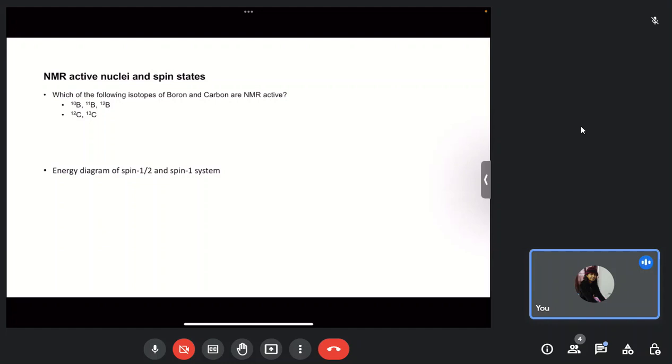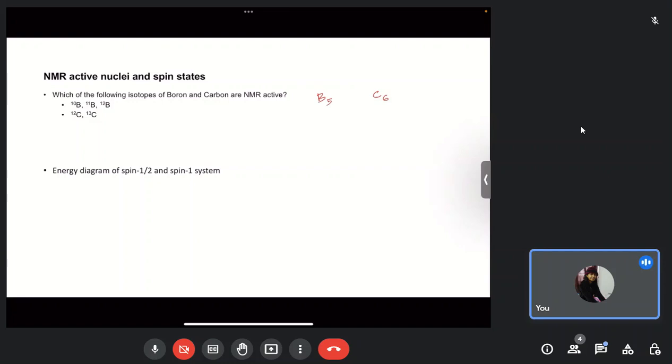In case of boron, the atomic number is 5. In case of carbon, the atomic number is 6, right? And we have to find which isotopes of boron and carbon are NMR active.